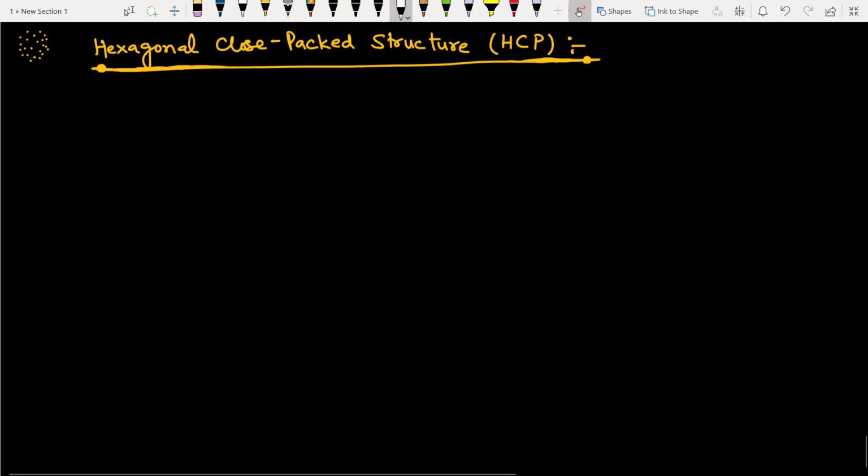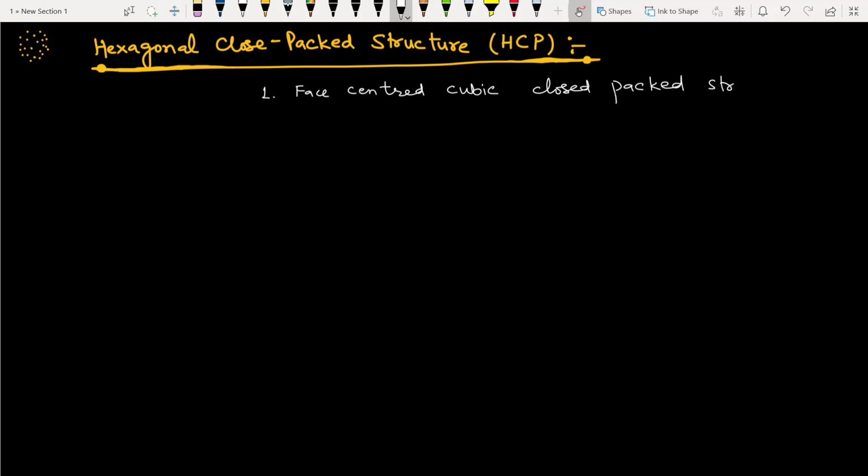The two main methods are face-centered cubic close pack structures, and second, hexagonal closed pack structures.